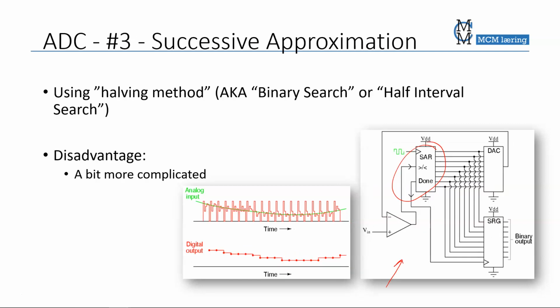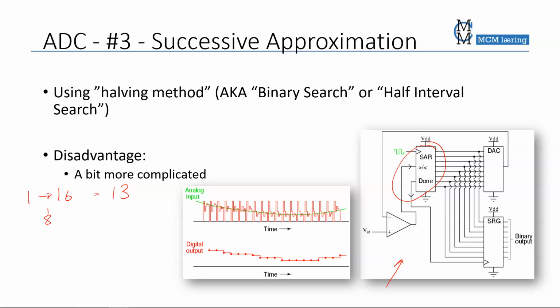So let's give an example where I ask you to think of a number between 1 and 16, and I know that the number you thought about was 13. If I were to guess which number you're thinking of, my first guess would be 8, and I would ask you, is your number higher or lower?